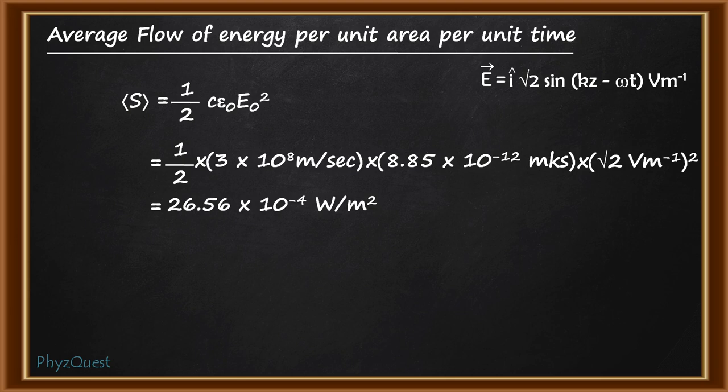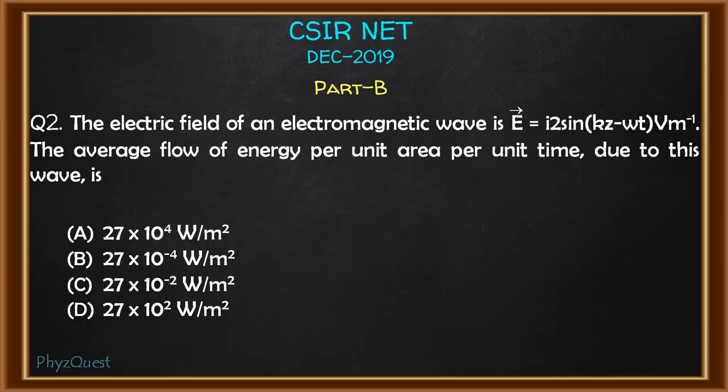Approximately this will be equal to 27 into 10 to the power minus 4 watt per meter square. So this is the answer we have got. Now let's check the options. Upon seeing the options, we can see that option B is 27 into 10 to the power minus 4 watt per meter square. So option B is the correct answer.